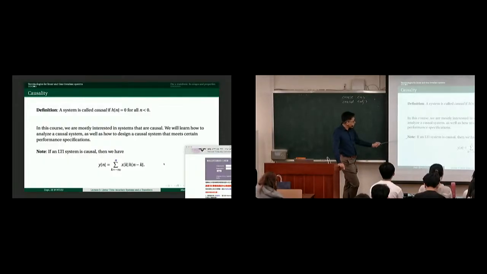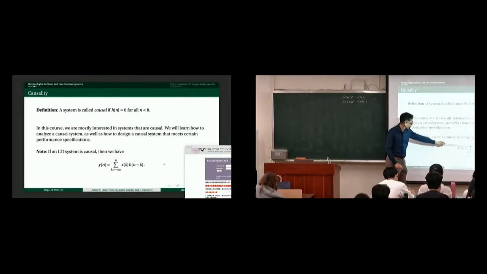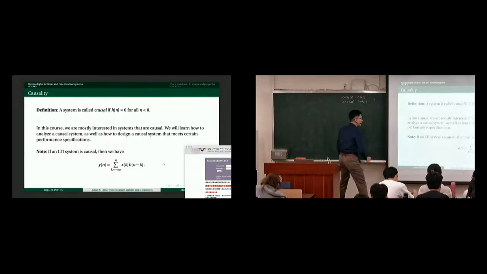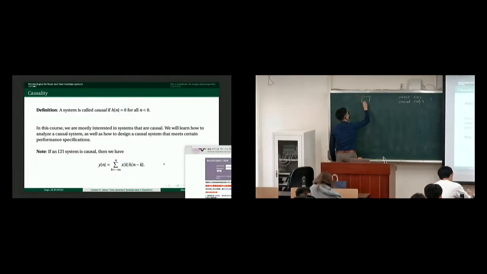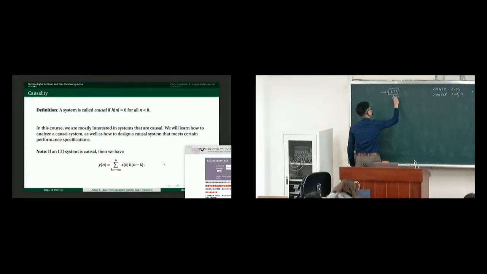Very quickly, if an LTI system is causal, then we can modify the convolution index. Now we sum from minus infinity all the way to n. We are still in the context of linear time invariant systems, characterized by the impulse response h of n in discrete time.